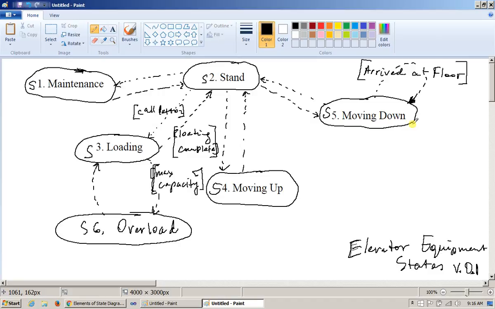But sometimes the same condition, arrived at a floor which is on the request list, the same transition will move you back to the standing state, because this is one of your destinations and you have arrived here, right?